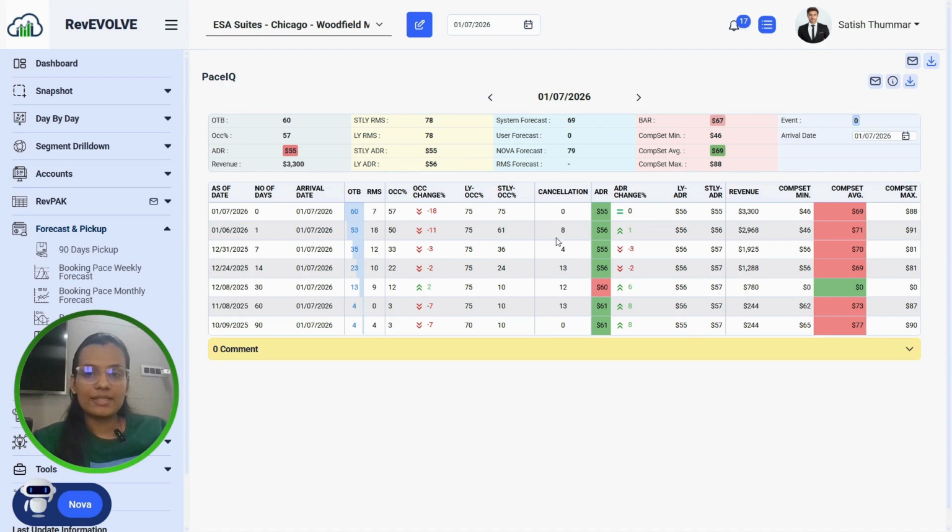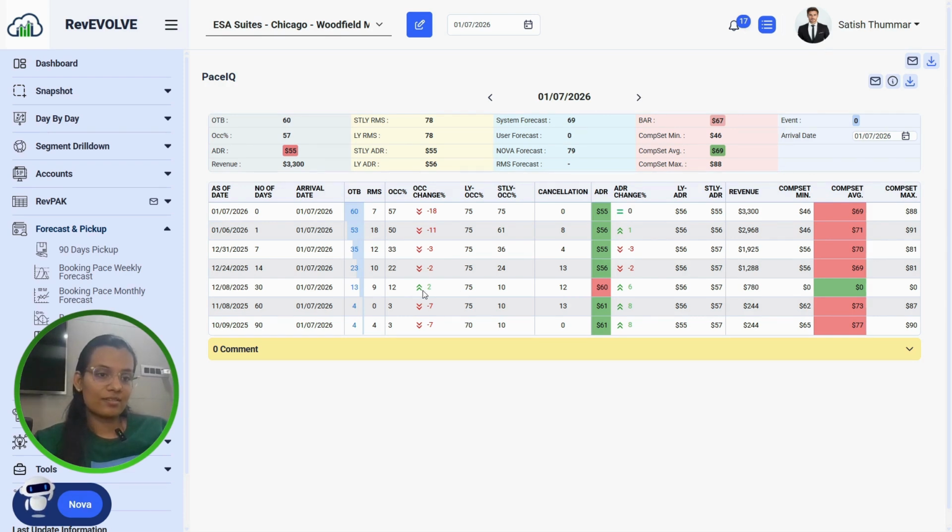Then we have the cancellations over here. We have cancellation 0 for today's date, and then we have the ADR change compared to STLY ADR. We can clearly see there is no ADR variance for today. And then we'll see the revenue. Then we have COMSET min, COMSET average, and right now the max COMSET is $88.